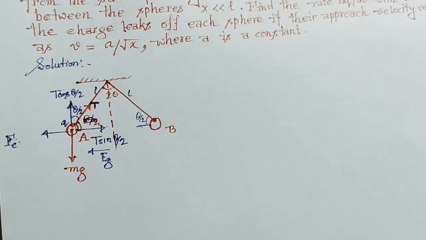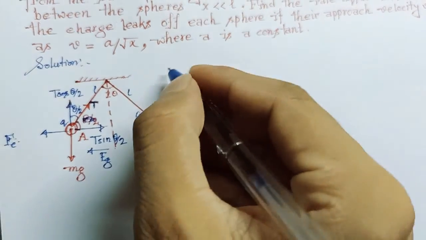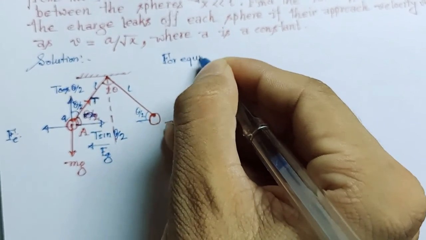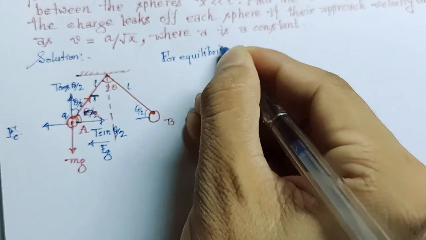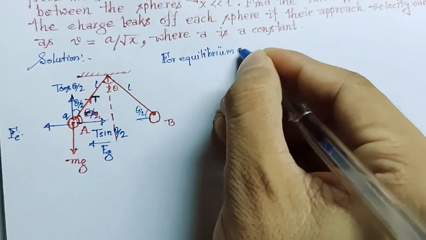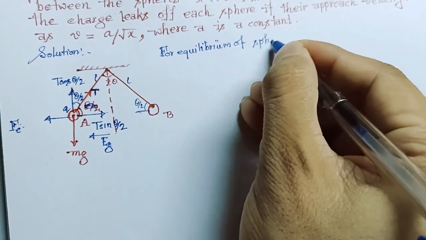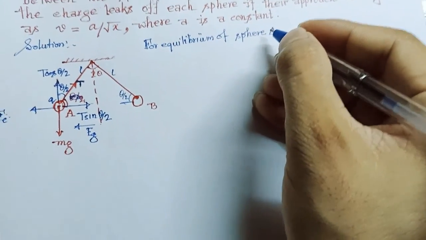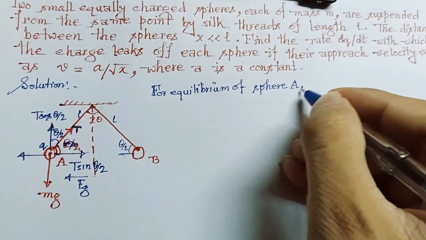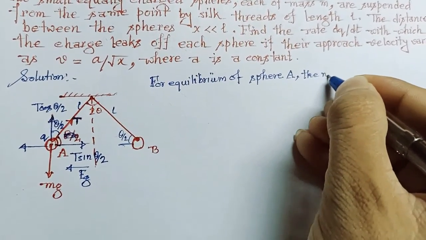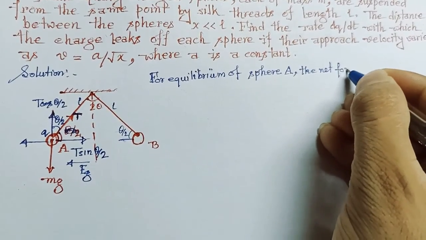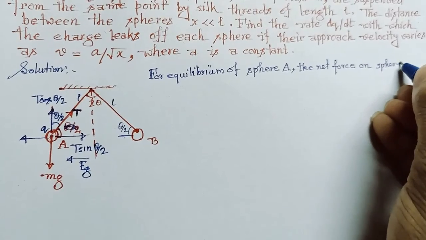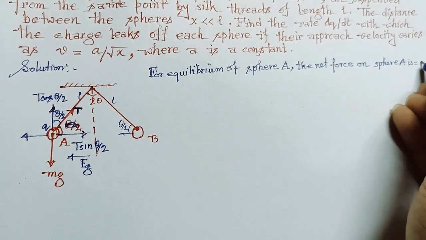For equilibrium of sphere A, the net force on sphere A is equal to 0.